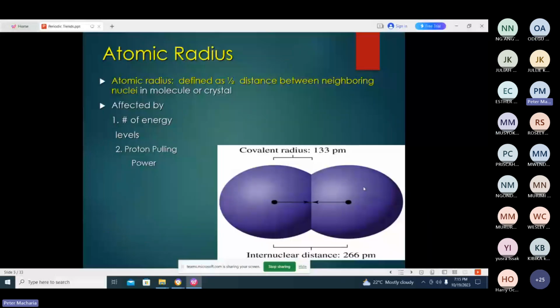So basically, the distance from the nucleus to the outermost electron is what we call the atomic radius. So atomic radius is basically presumed to be the distance from the nucleus to the outermost electron.